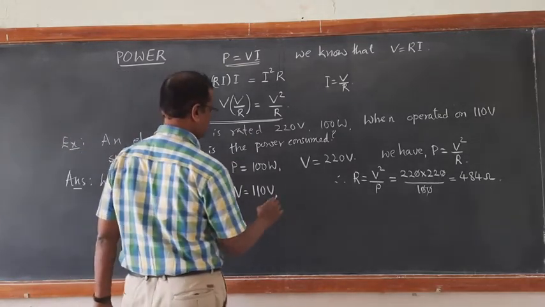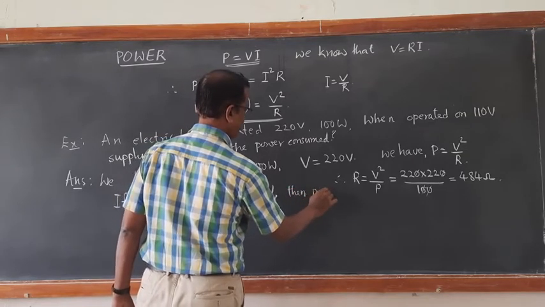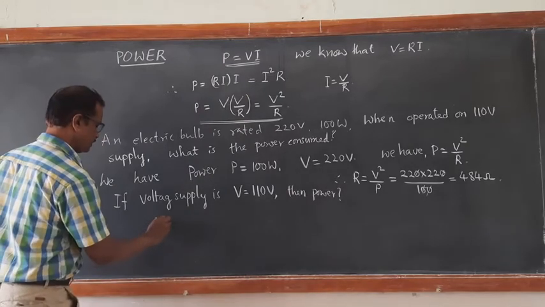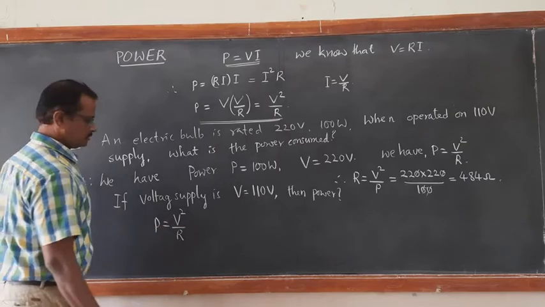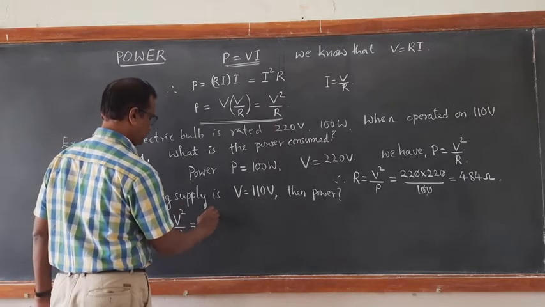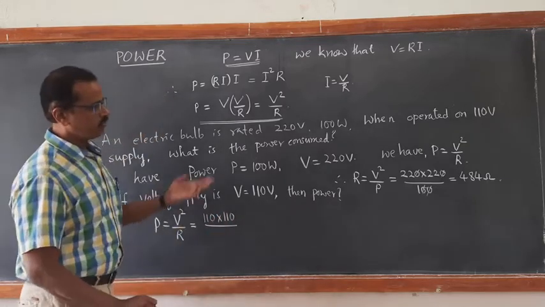What happens to the power? Then again we will use V square by R. So now V is 110. 110 into 110 divided by 484.